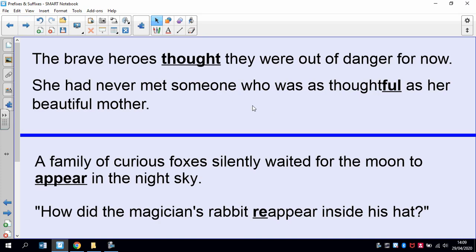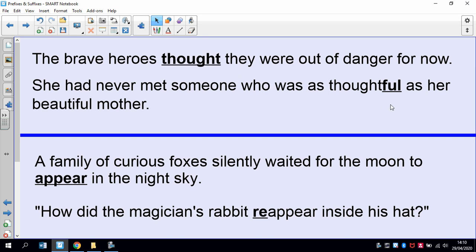Here are some examples of what I'd like you to create. I'd like you to think of a sentence using a root word like thought, I have here, and then see if you can write up a new sentence using a word that has the same root word but has a prefix or a suffix at the end. So I'll give you an example. My first sentence was, the brave heroes thought they were out of danger for now.